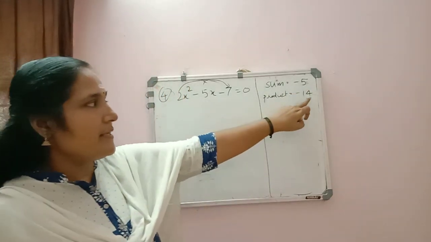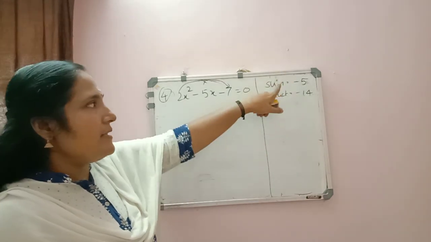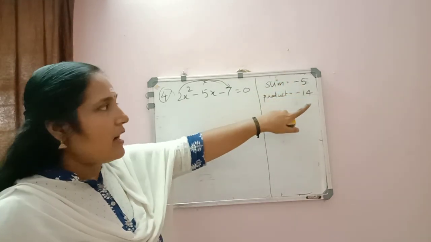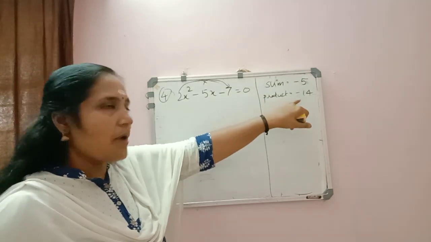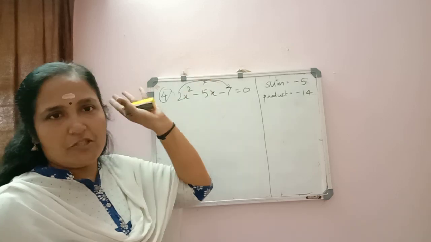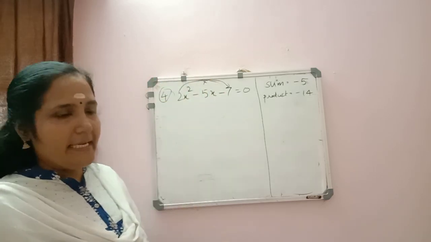Again, product is negative. So one number should be negative and sum is also negative. Out of the two numbers, the greater number should be negative. Product negative, therefore one number should be negative. So we have to do subtraction, not addition there.